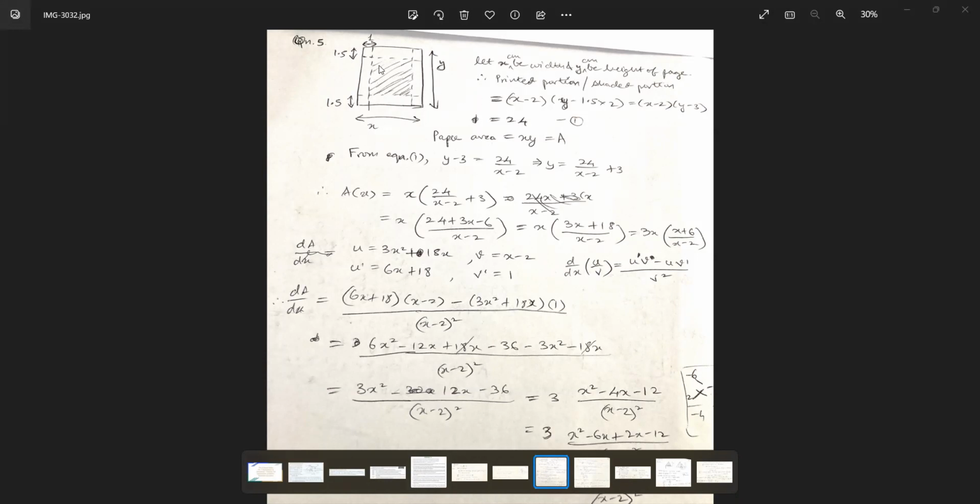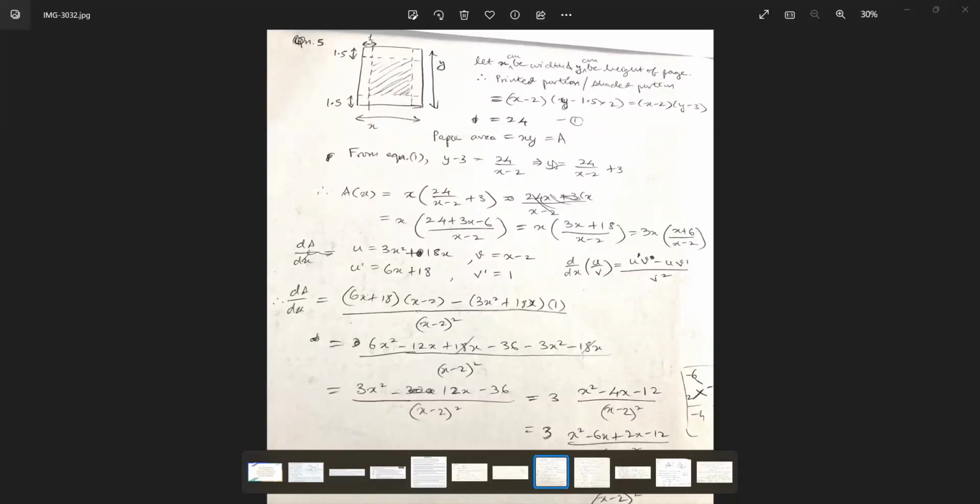So the printed portion is the shaded portion given by x minus 2, which is the horizontal portion, and then the vertical portion is y minus 1.5 into 2, which is y minus 3. So it is given in the problem that the printed portion is 24.